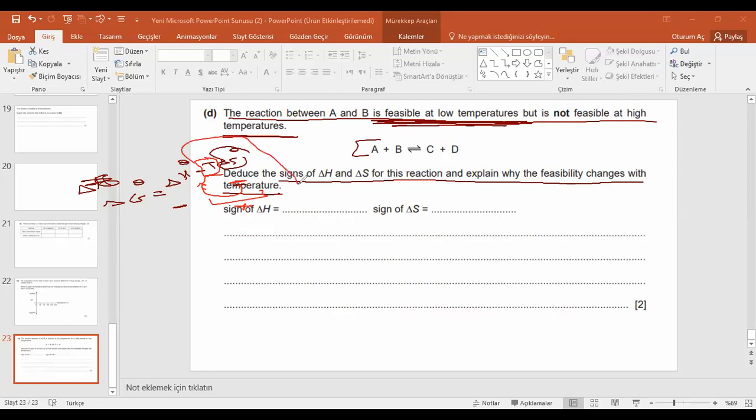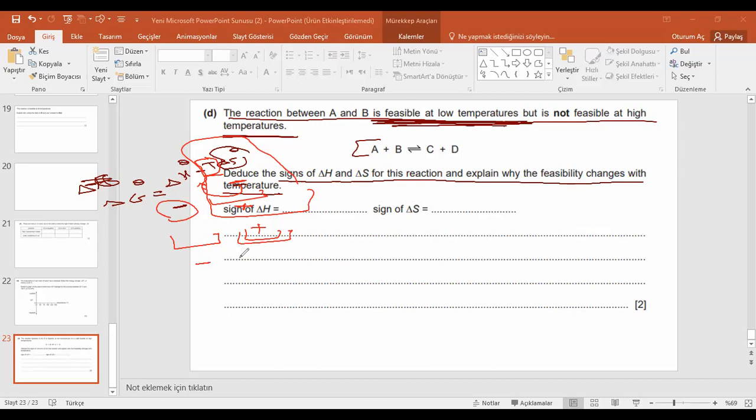So the whole part, which is the positive part, will be small, not a large value. The negative part is larger. That's why a large negative number plus a positive number will be a negative number. So delta G is spontaneous.